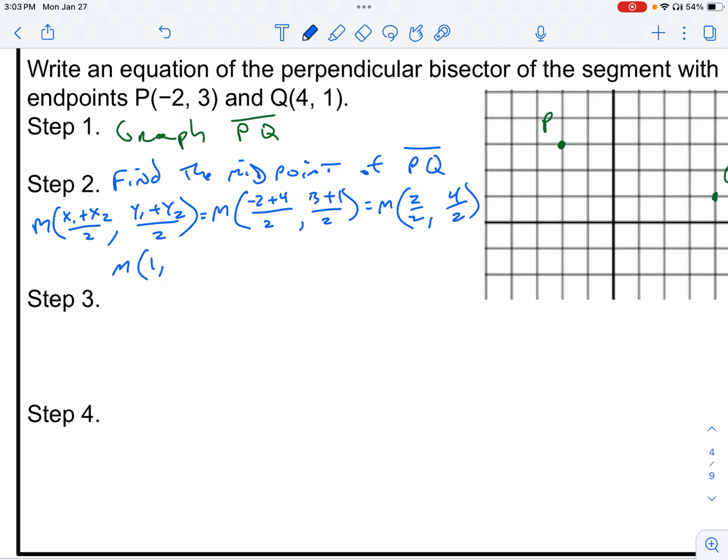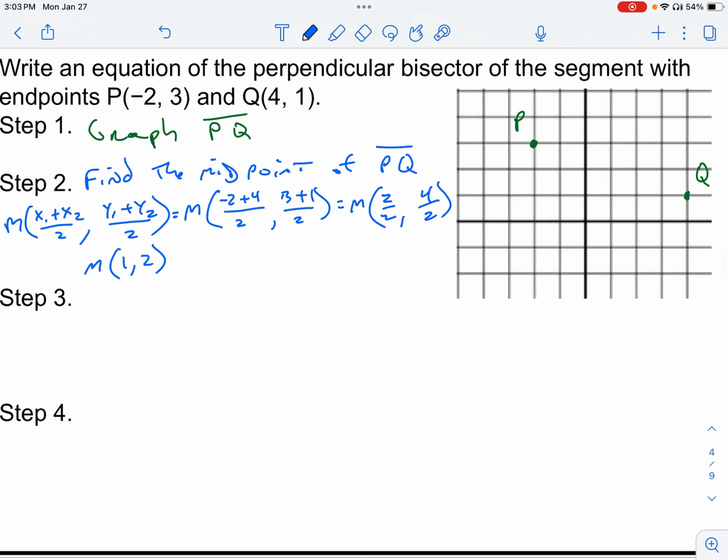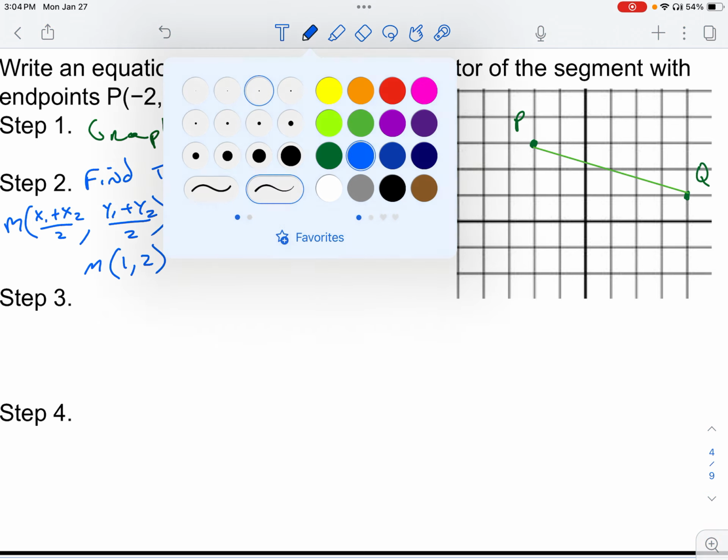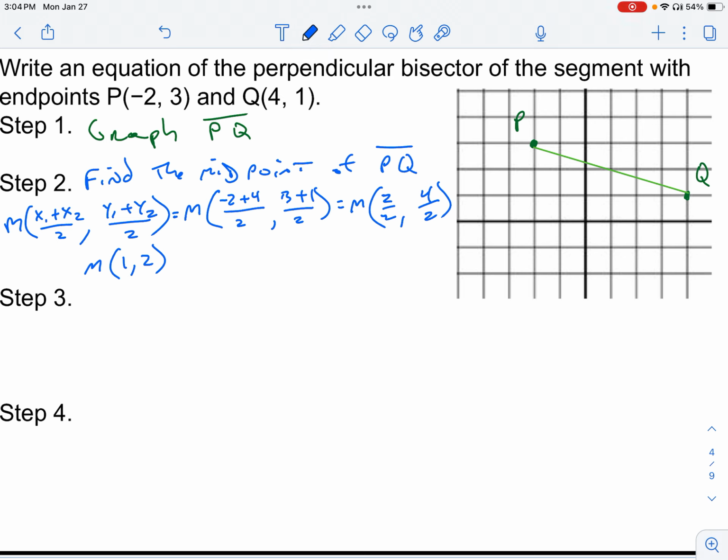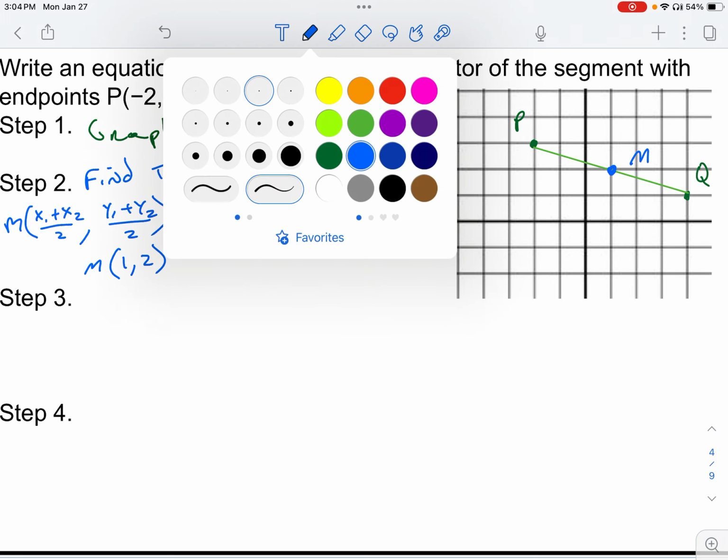So M is (1, 2). And somehow I accidentally erased my line, so let's put that back. There we go, (1, 2).